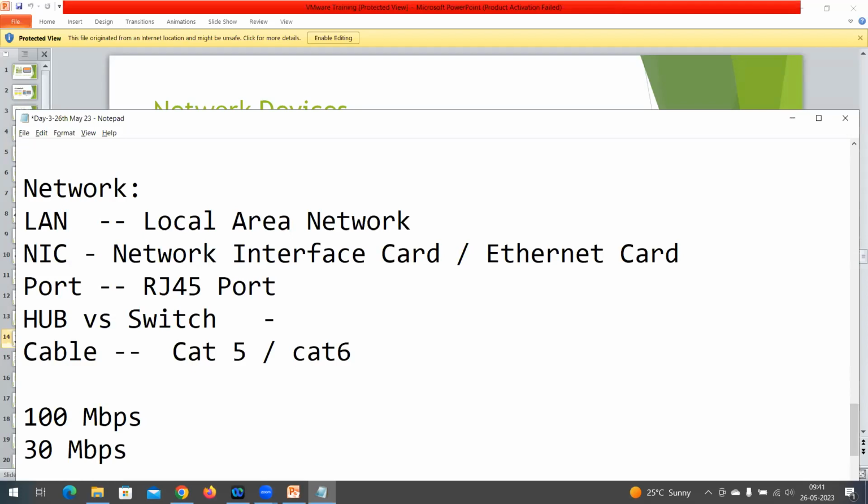How do they restrict this bandwidth speed? For example, if you pay 300 rupees, you get 30 Mbps speed. If you pay 1000 rupees, you get 100 Mbps speed. How do they restrict this bandwidth? They restrict the bandwidth by using this particular switch, whereas through a hub, it is not possible to manage the bandwidth.